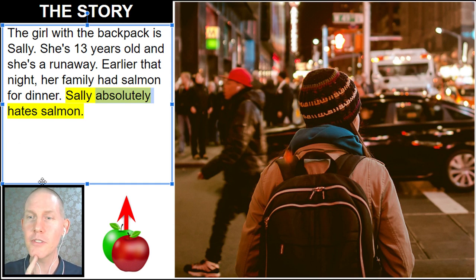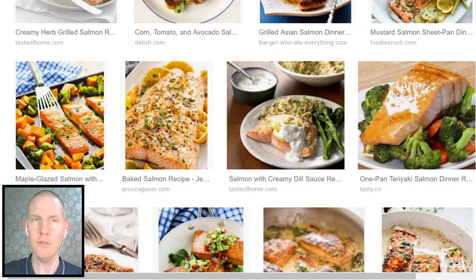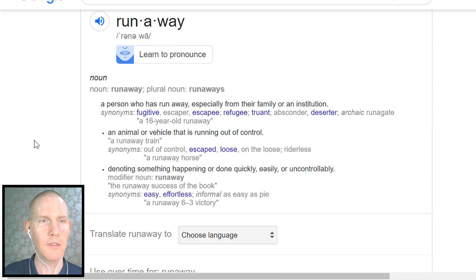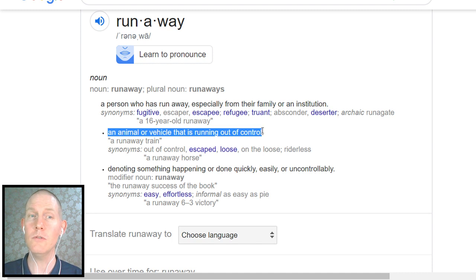Let's see, Leah Huda says, is runaway, does it mean a trip sometime? It's possible. I think they had multiple definitions for runaway. Well, an animal or vehicle that is running out of control.